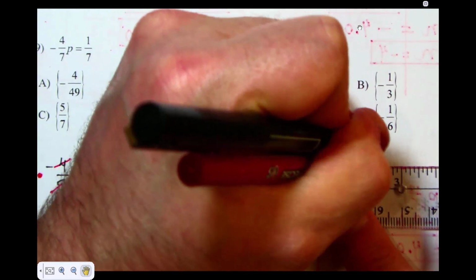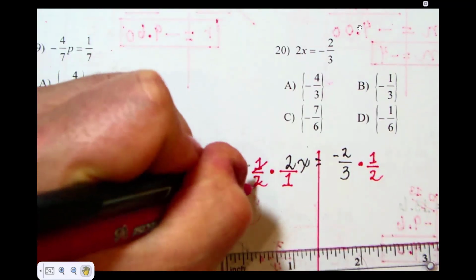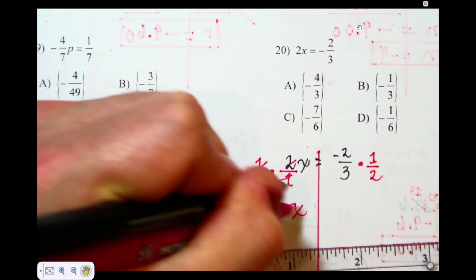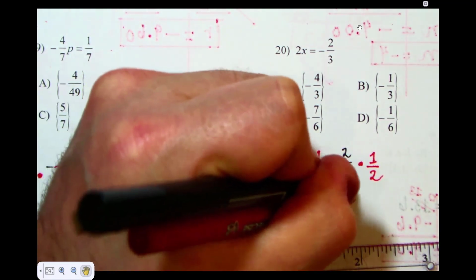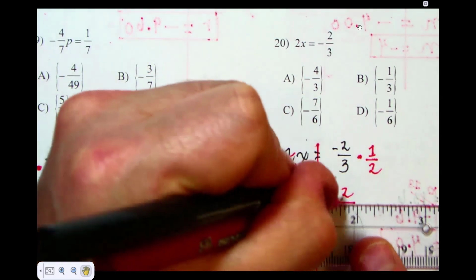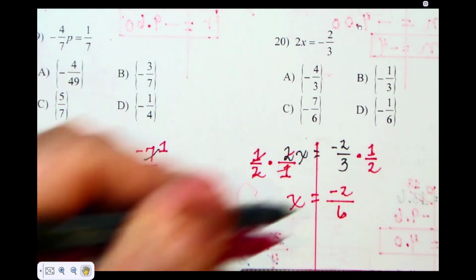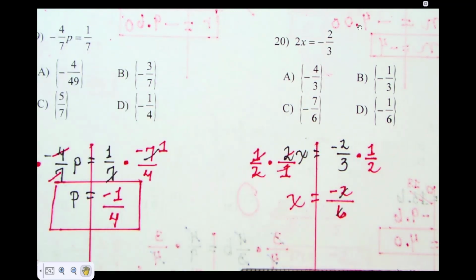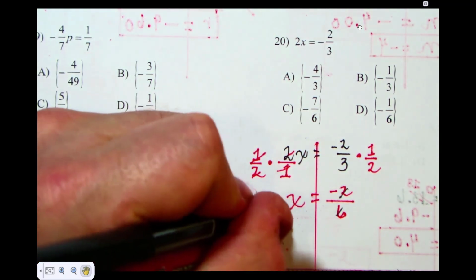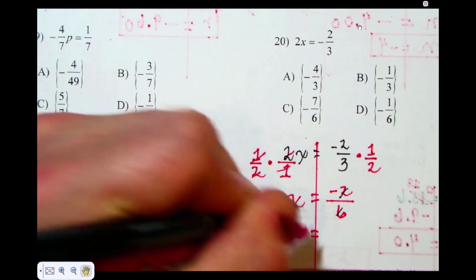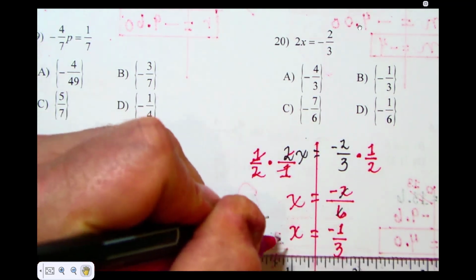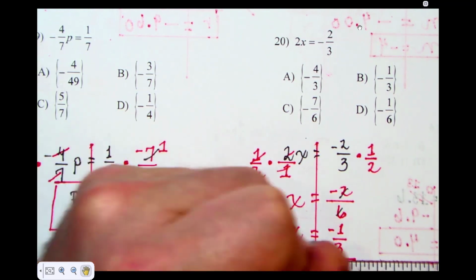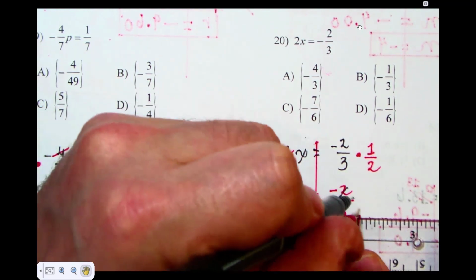Over here, 1 over 2. Everything cancels. X equals negative 2 times 1 is negative 2. And 3 times 2 is 6. And we just reduce that fraction by dividing top and bottom by 2. Leaving x equal to negative 1 over 3. So the final answer to this 20-question test is negative 1/3.